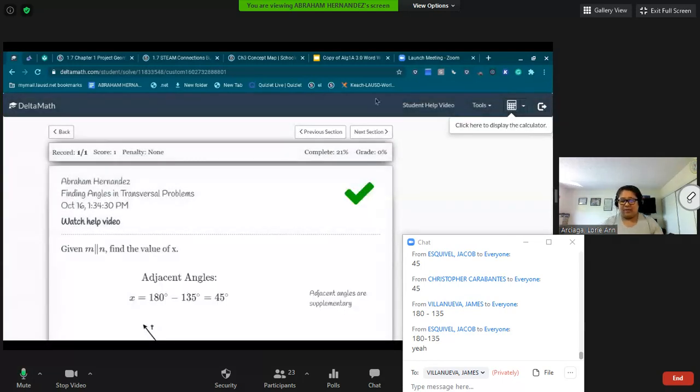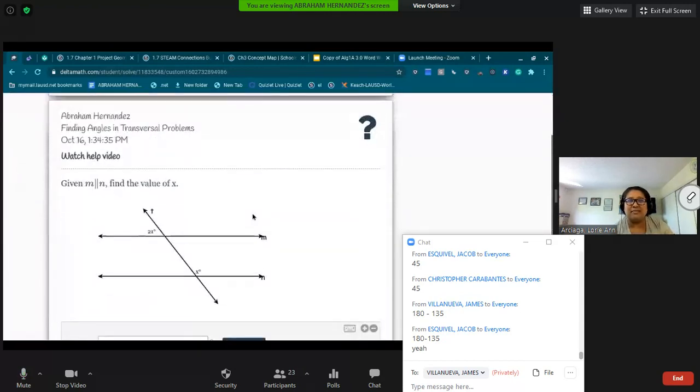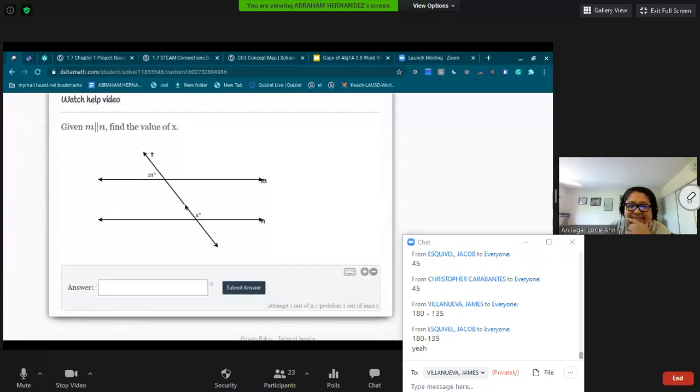And yes, Abraham confirmed that it's right. Awesome. Next. Ooh, let me see how you do this. They're not at all related, right? They're not related in any way, but you have to use other types of angles to figure out what x is. 159?